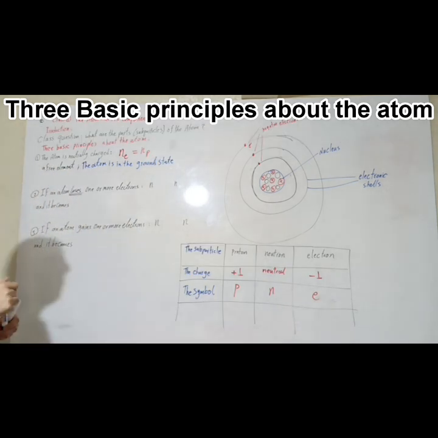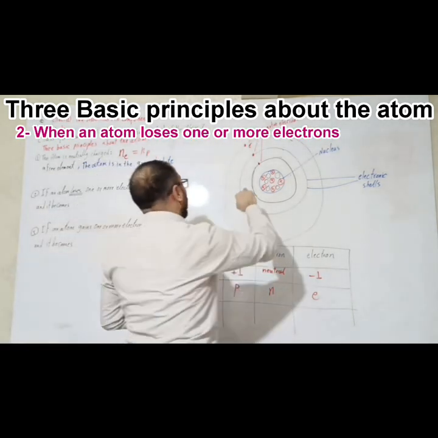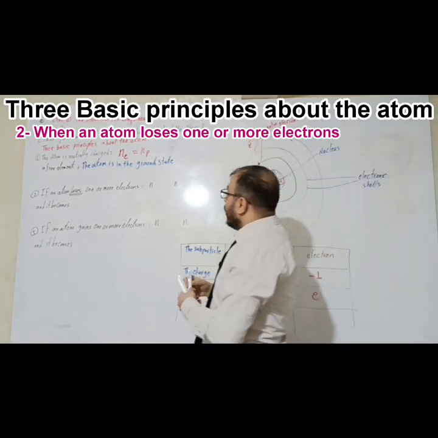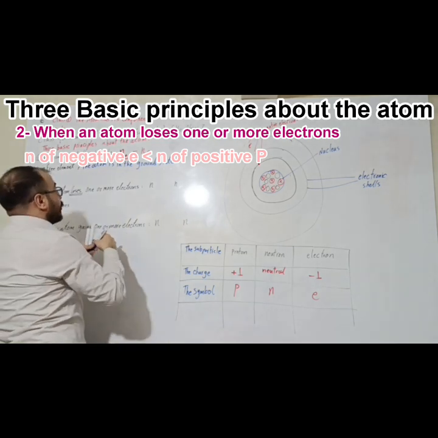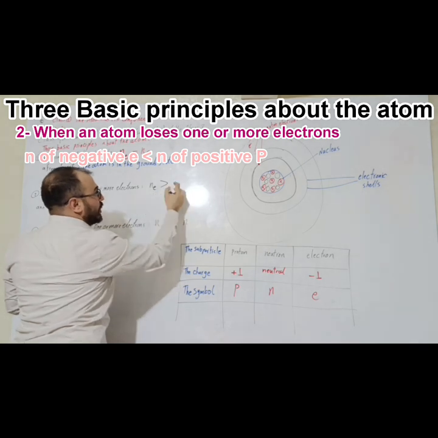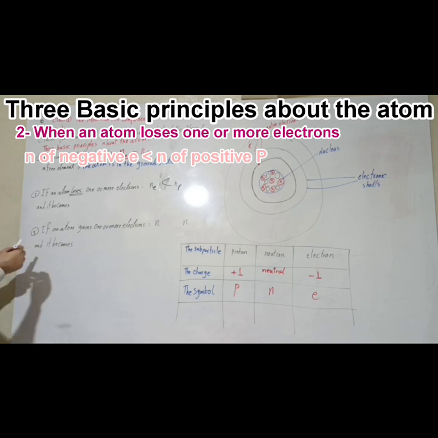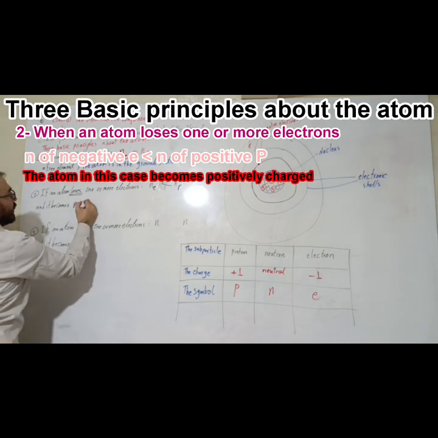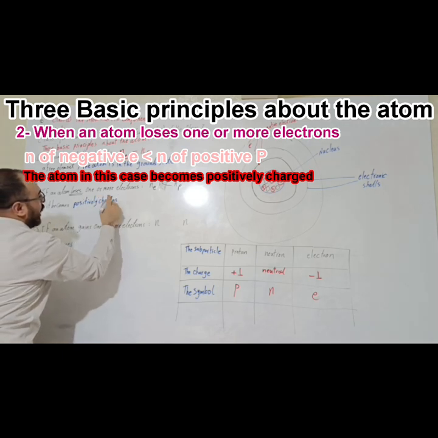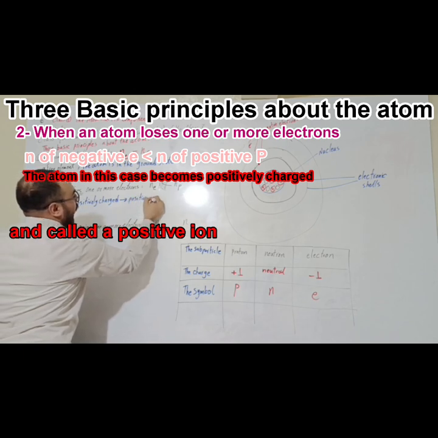The second principle stipulates that if an atom loses one or more electrons, you're going to notice that the number of electrons is going to be smaller than the number of protons, and the atom becomes positively charged, and we call it a positive ion.